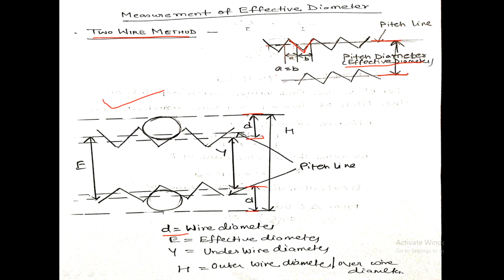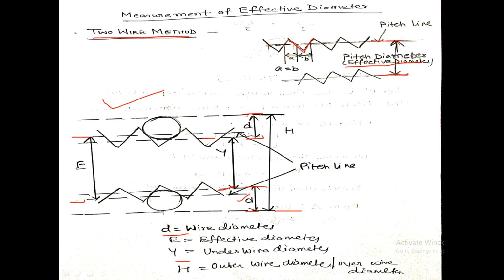That's why it's D and again D. E is your effective diameter, the distance between the pitch lines. Y is your under wire diameter, and this is your over wire diameter, H.